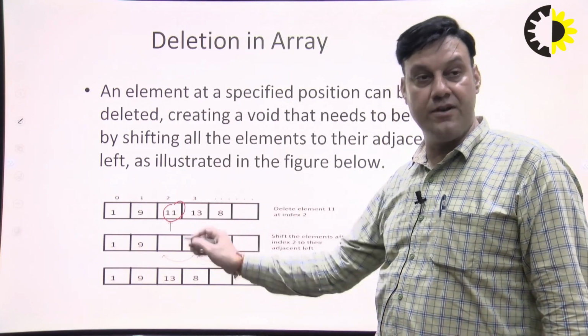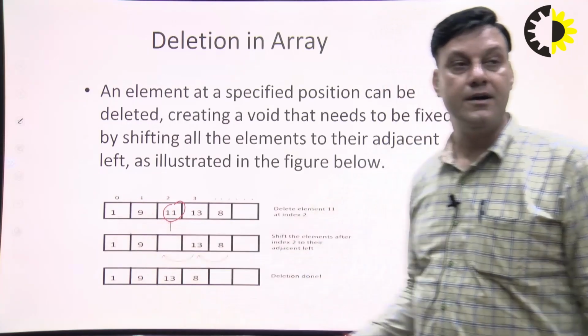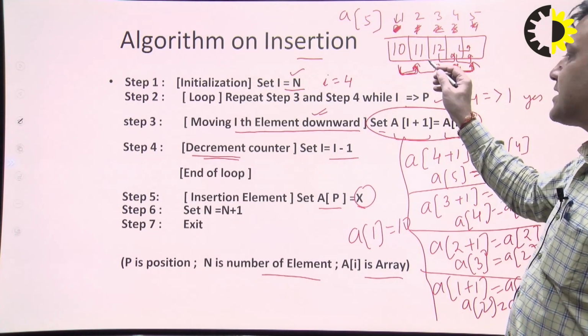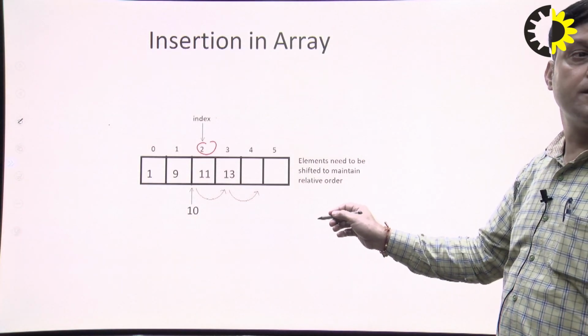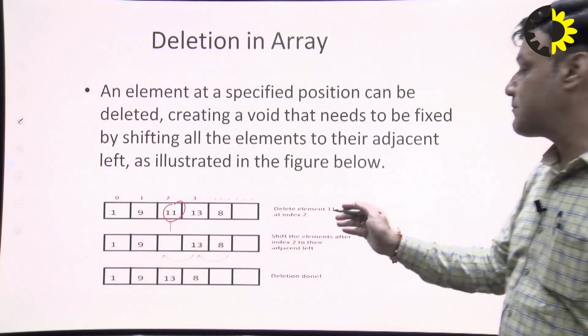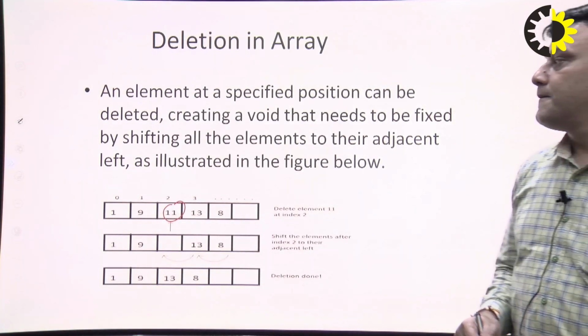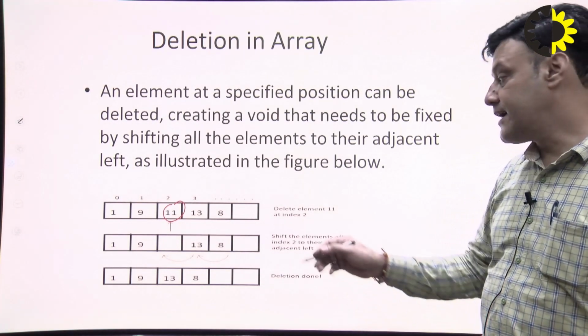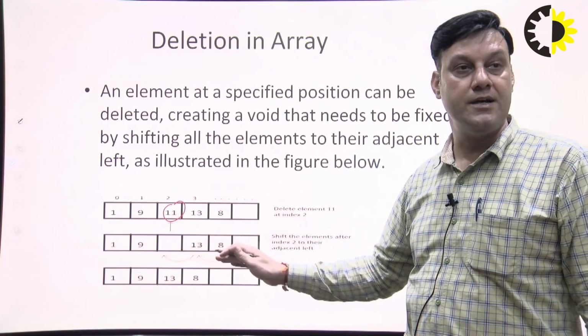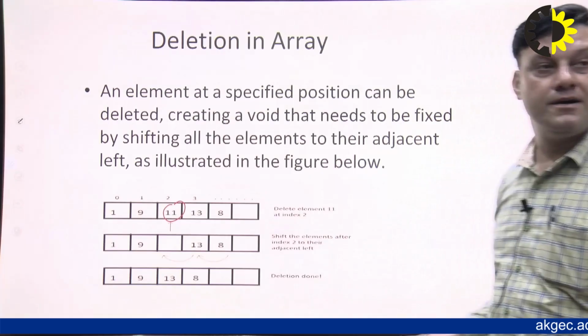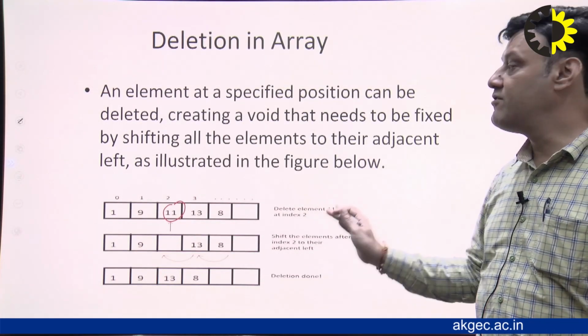So this shifting will have to take place towards left. In insertion, the linking is towards right, but in deletion it takes place towards left, so that this empty place cannot be printed. To remove this void, we do some adjustment. Then the adjacent element will be shifted.